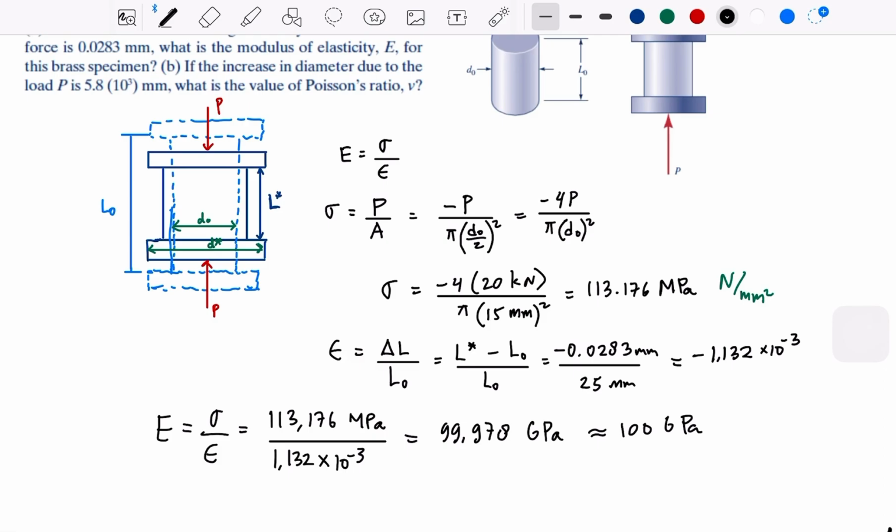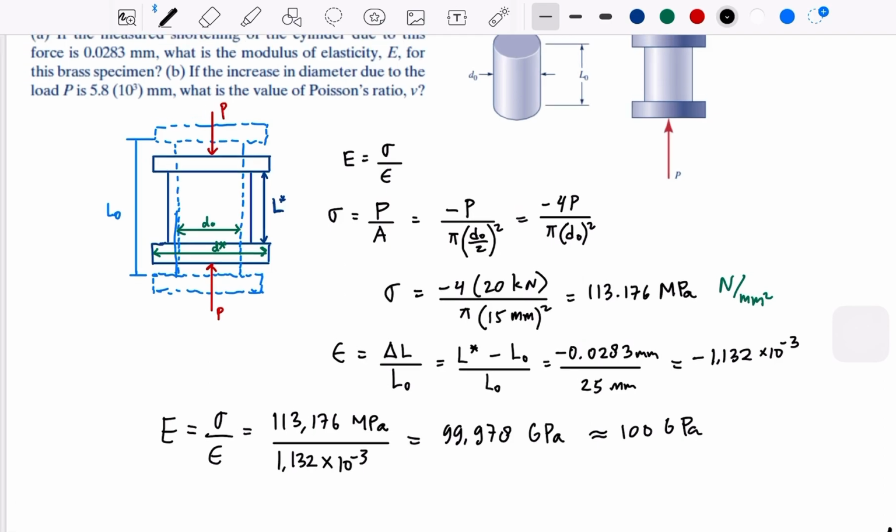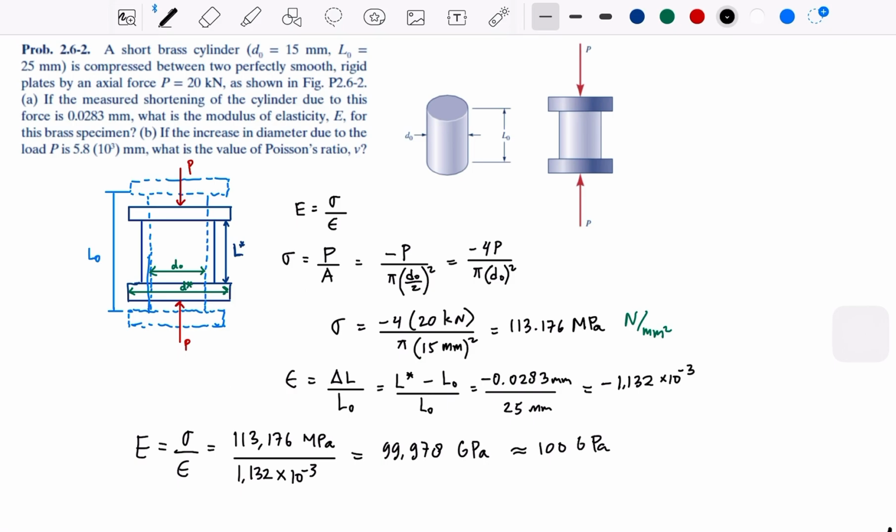In any case, if you are in the exam and you want to simplify it, it becomes 100 like that, it's possible. Because in terms of mechanics, the rounded decimals is not really significant. So if you get 99.9, you can just write 100, still okay. So that's the first question.